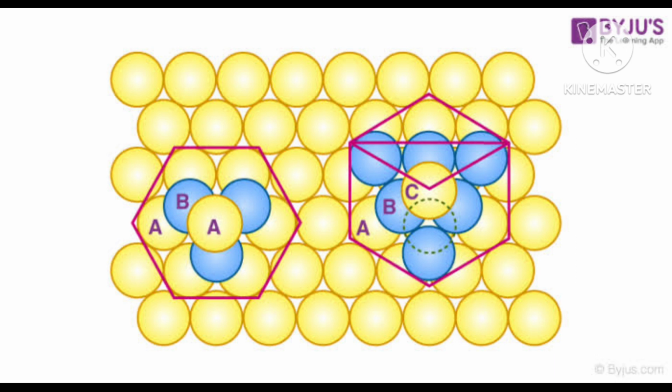But here only a special arrangement, one unit arrangement, you are considering. So think 6 spheres down, above that 3, again above that 6, again above that 3. That type of arrangement is called hexagonal close packed structure, HCP.